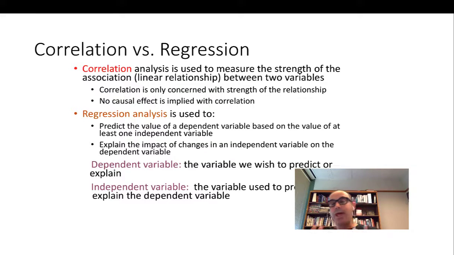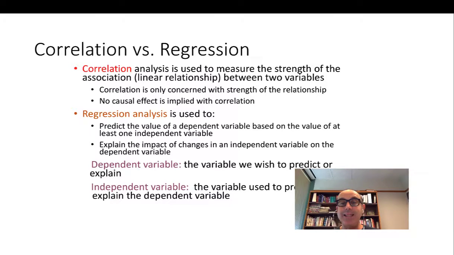One of the things that we often confuse with regard to correlation is that we often think of correlation as regression. Correlation is used to measure the strength of the association between two variables.